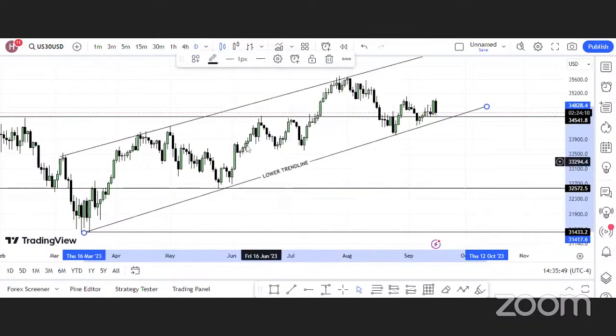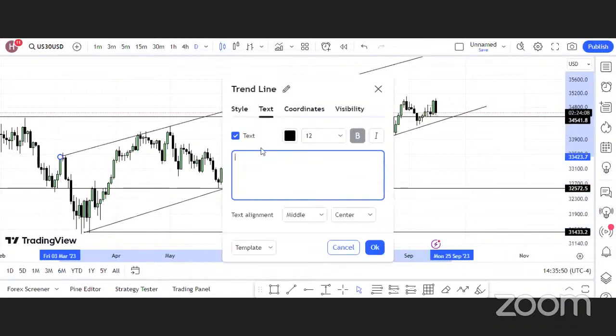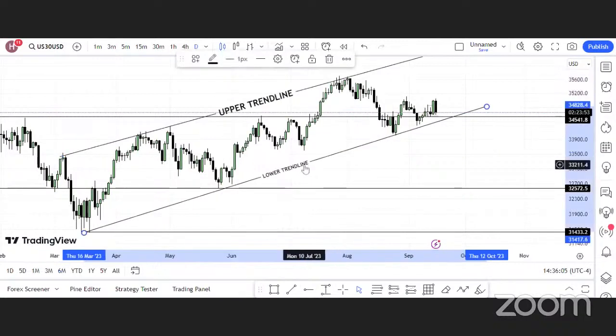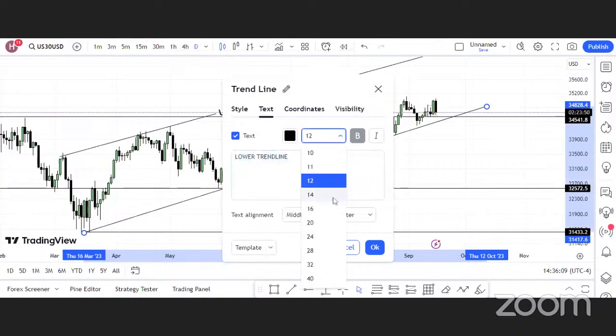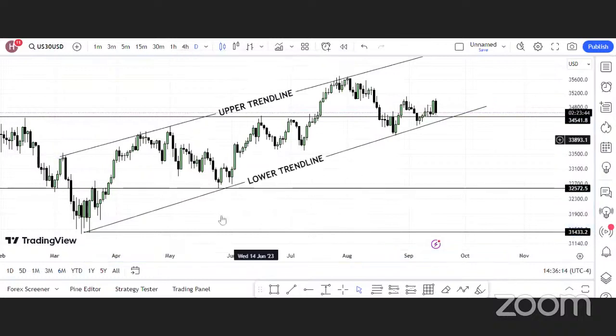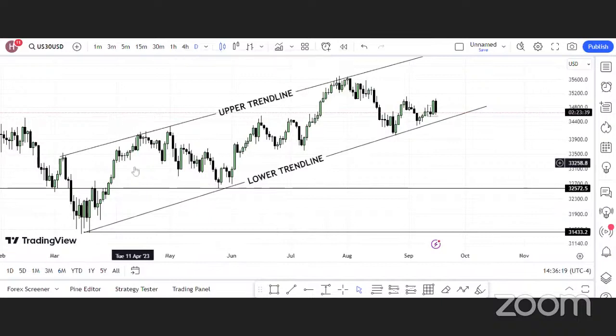This is the lower trend line, and this is the upper trend line. Let me just delete those.